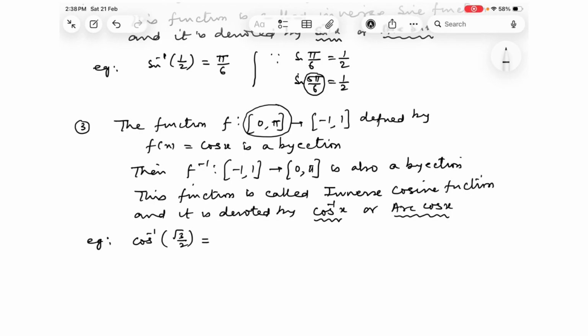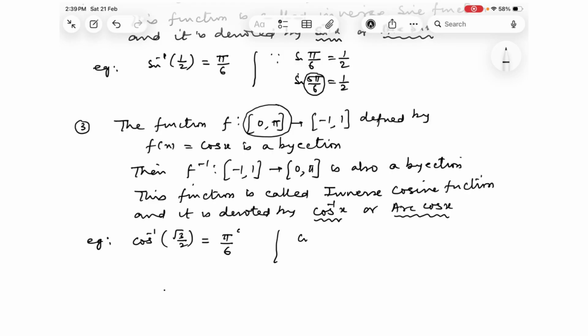Generally, cos inverse of root 3 by 2, we can take 30 degrees or 330 degrees. But we should write only 30 degrees, that is pi by 6.